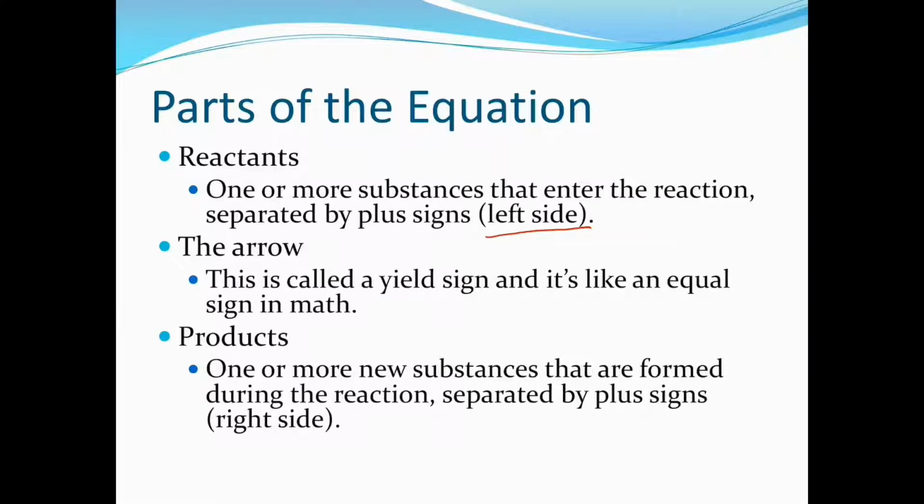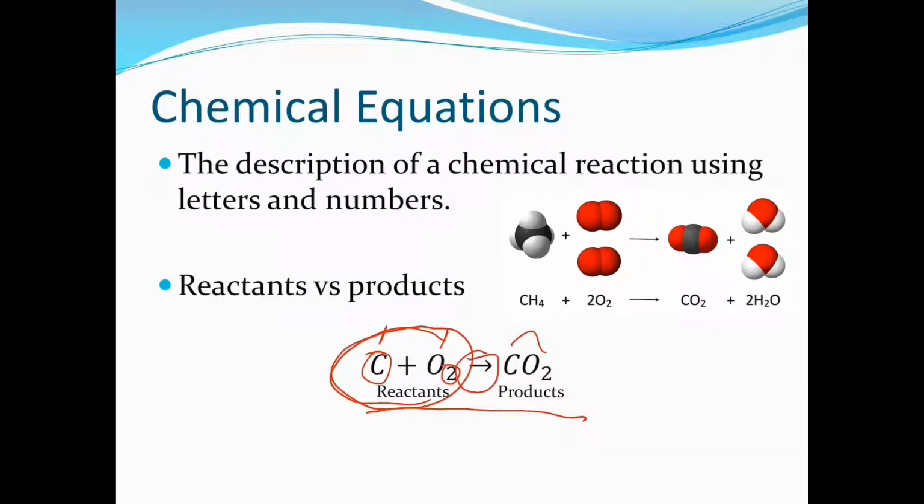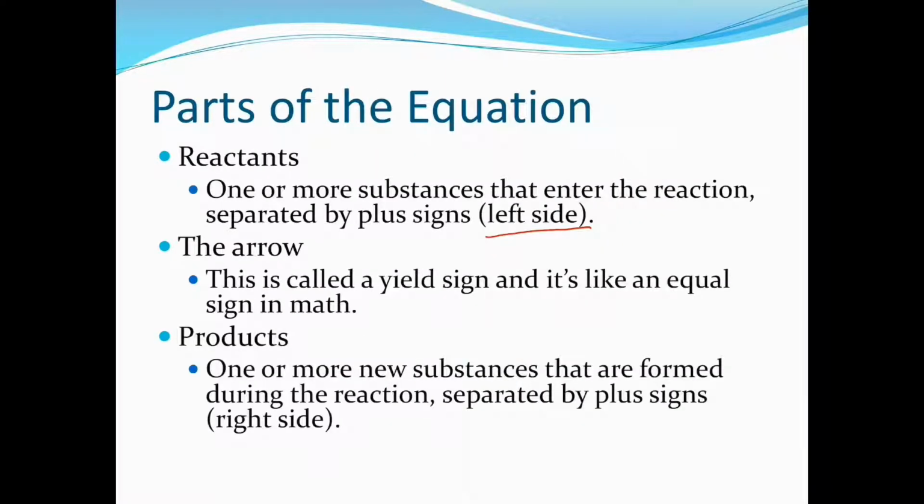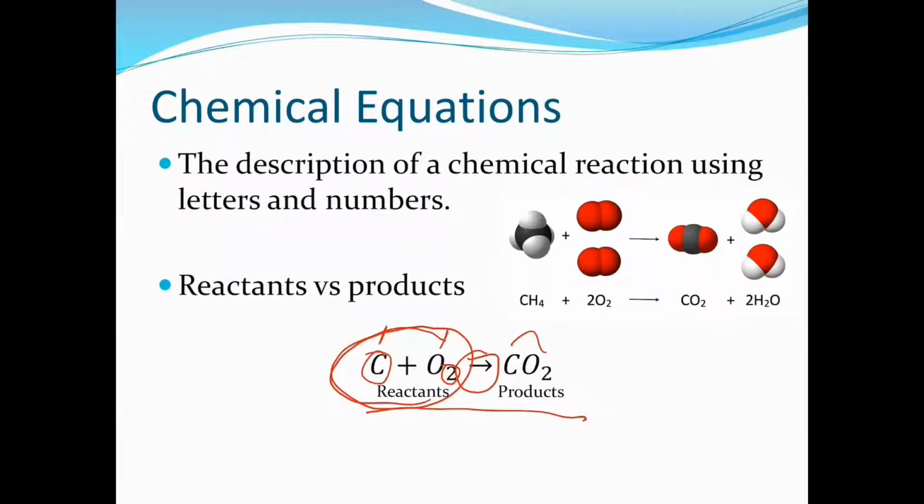It's also basically like the equal sign in math. So that's this piece right here. And then we have the products. This is one or more new substances that are formed during the reaction, and it's on the right side. So this is what comes out of the equation. So that's going to be this right here.